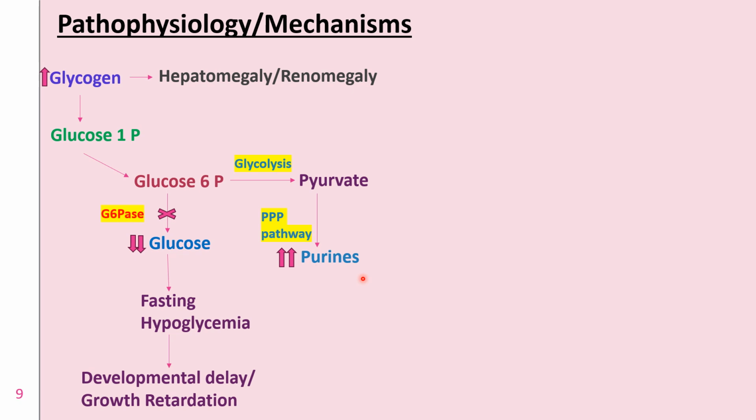As increased purine synthesis occurs, catabolism of these purines is increased, leading to increased uric acid levels, and in the investigations it appears as hyperuricemia, which means increased uric acid levels in the blood.